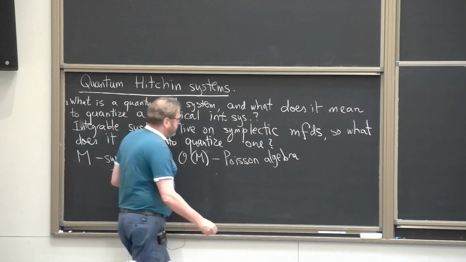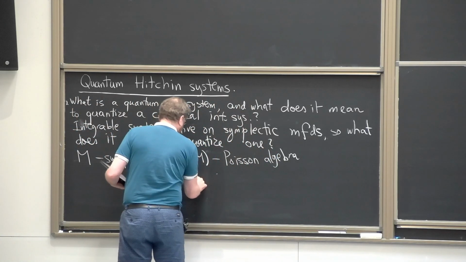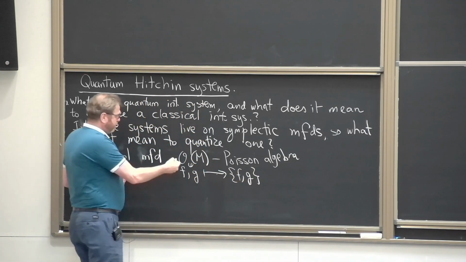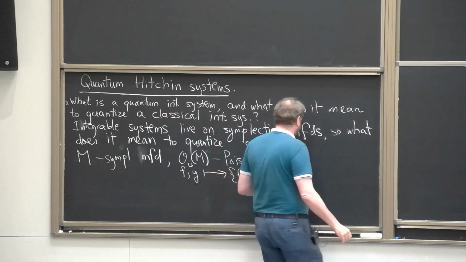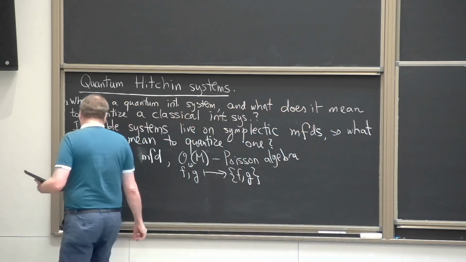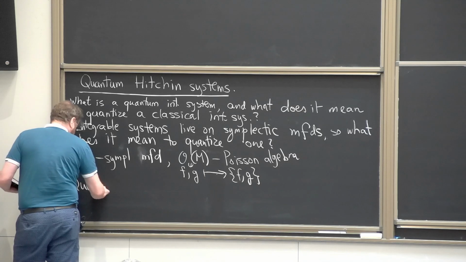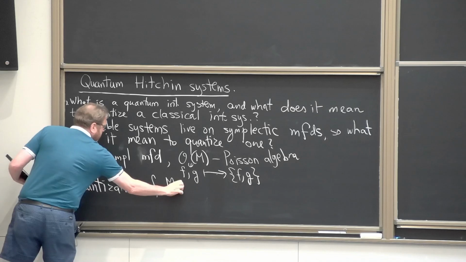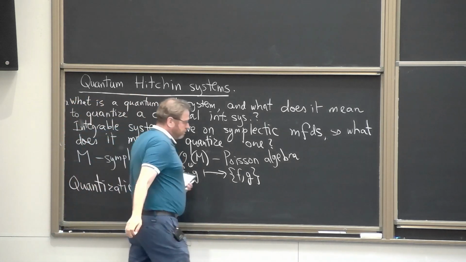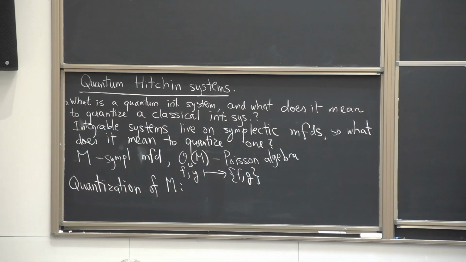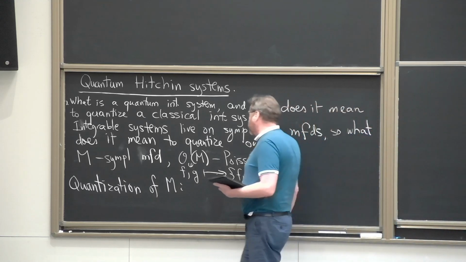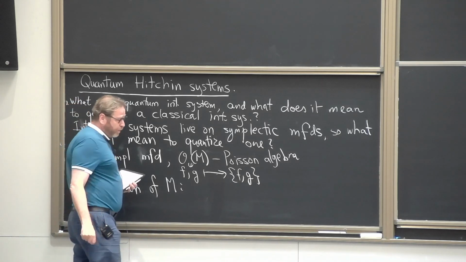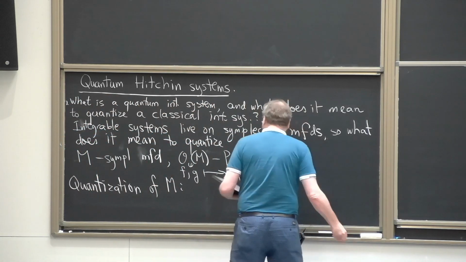This means that given two functions f and g, we can attach to them a Poisson bracket {f, g}, which is a Lie algebra structure, and also a derivation with respect to each argument. In classical mechanics, M is a phase space of some Hamiltonian system, and O(M) is the space of classical observables, the algebra of observables.